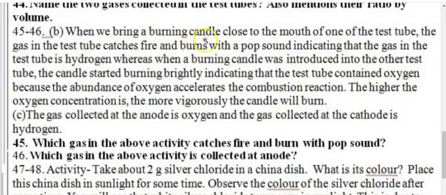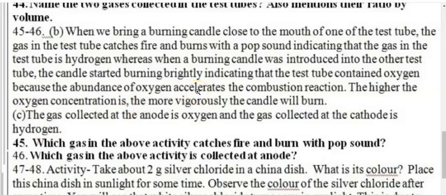When we bring a burning candle close to the mouth of one of the test tubes, the gas in the test tube catches fire and burns with a pop sound, indicating that the gas is hydrogen. Hydrogen burns with a pop sound. And the second one has an abundance of oxygen.